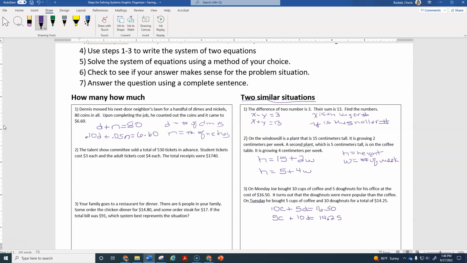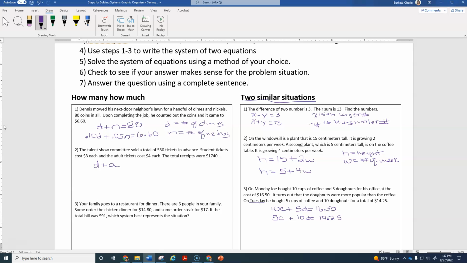The talent show sold a total of 530 tickets. That's how many we sold. What kind did we sell? We sold student tickets. So I'm going to use D for student because my S's don't look like S's, they look like 5s. D for student and A for adult.